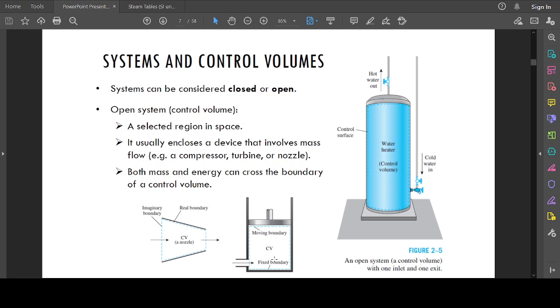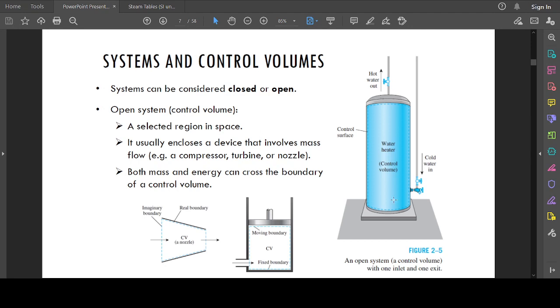Similarly, this kind of system has a moving boundary, and also an inlet to allow fluid to go in. A typical example of that is a water heater. When this tank is empty, the control volume remains imaginary, which is the shape of the inner part of the tank.